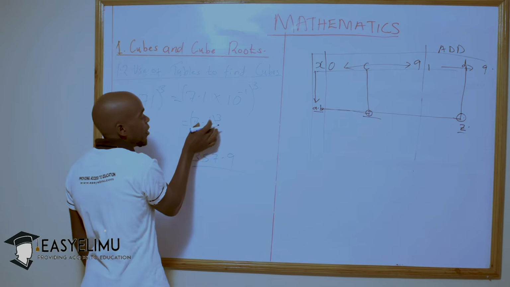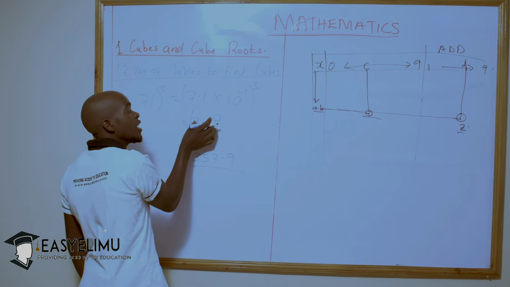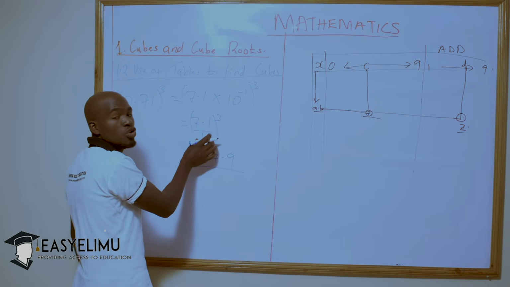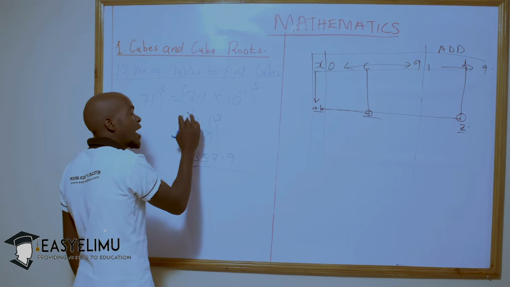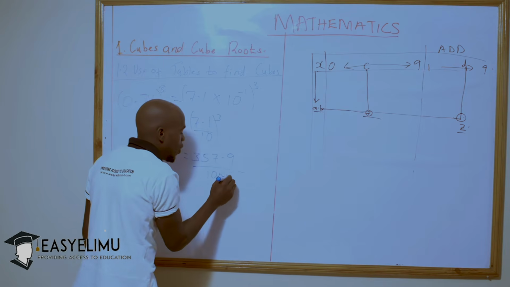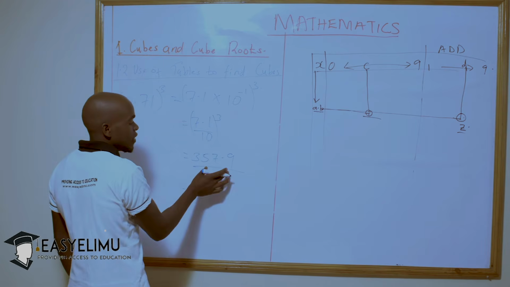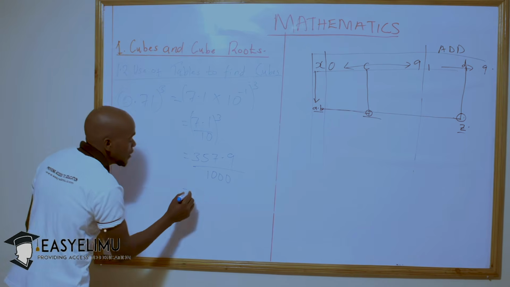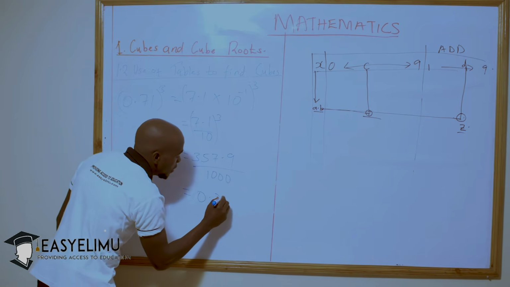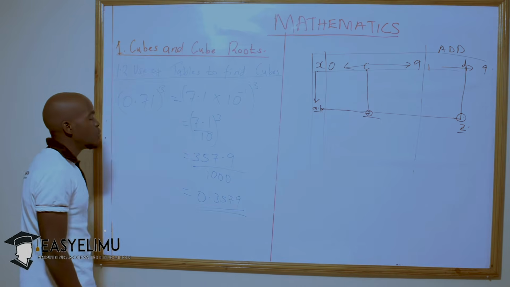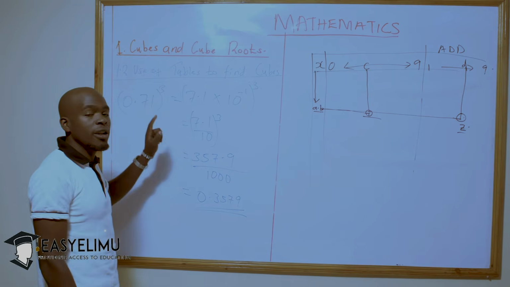But remember, we have found the cube of the numerator, so the denominator also you should cube, because it is under the bracket. The cube of 10 is 1000, so you divide the numerator by 1000. This gives you 0.3579. So this is the cube of 0.71.